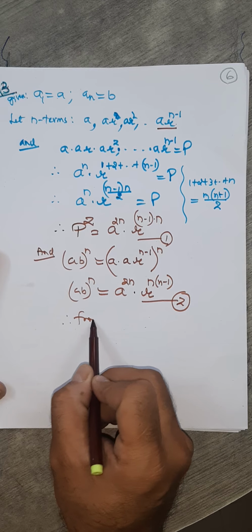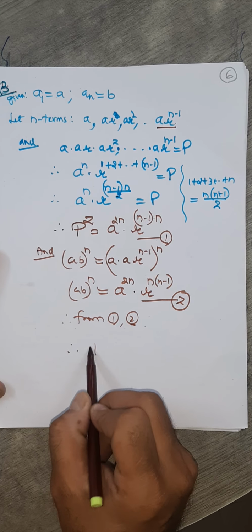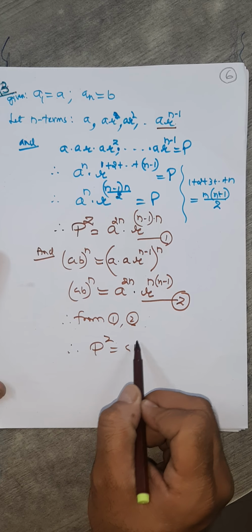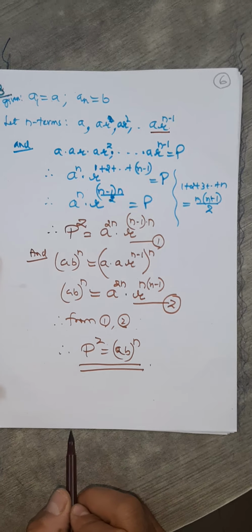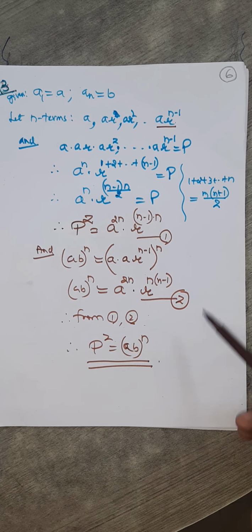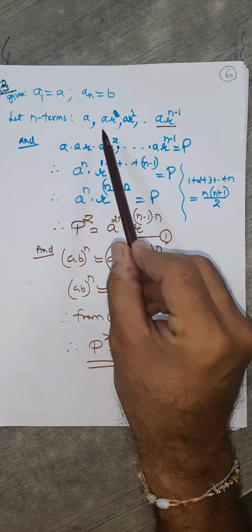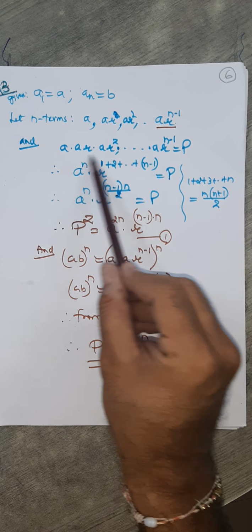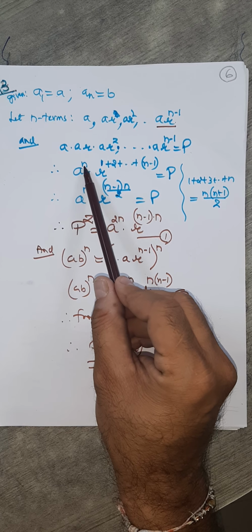So from 1 and 2 we have P squared equals a into b, the whole raised to n. Right. Both are equal. LHS equals RHS. I repeat, a1 and an you are given. I wrote the n terms of a geometric progression. Their product equals P. A appears how many times? N times, a raised to n.